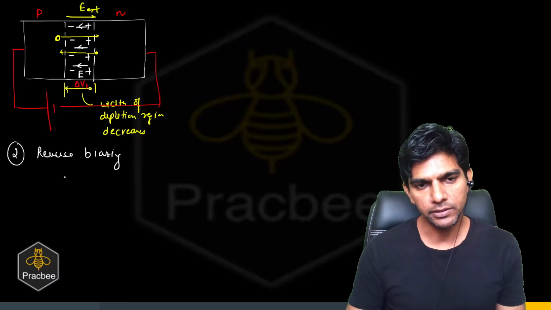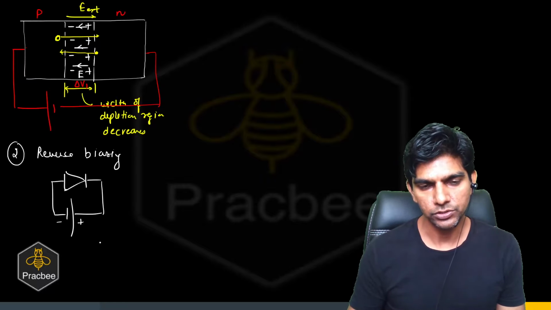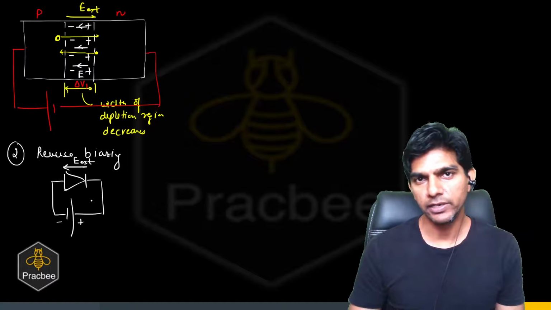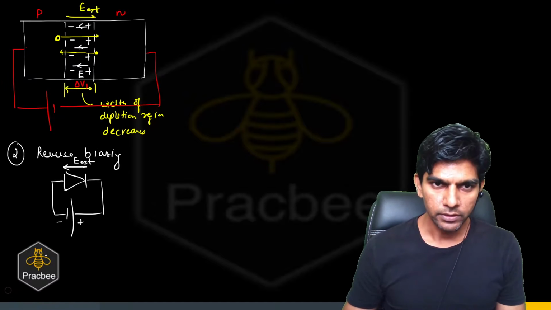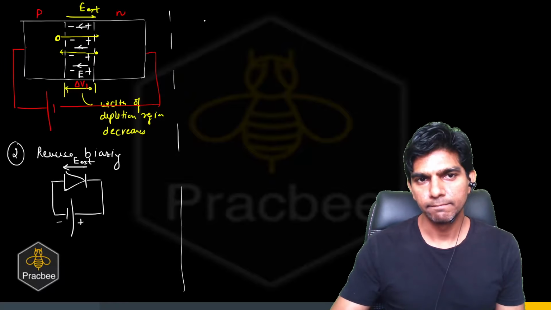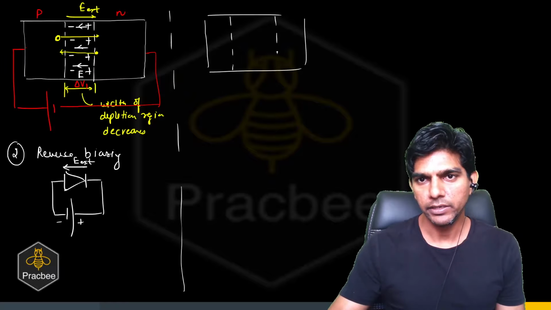In reverse biasing, the P side is connected to the low potential and the N side is connected to the high potential. Now, can you see the direction of the external field? The external field is in the left direction, which is the direction of the field at the barrier. So in reverse biasing, the depletion region width increases.